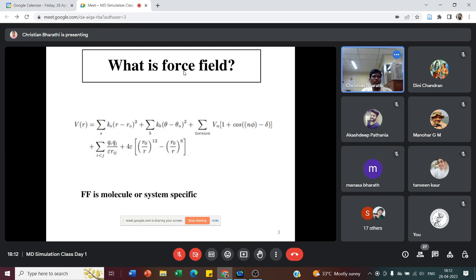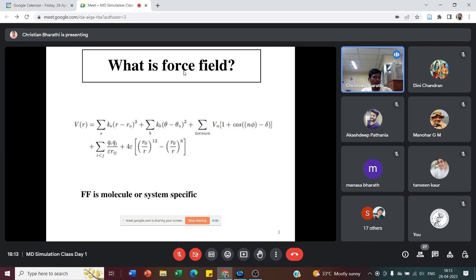After that, electrostatic and van der Waals energies are calculated using this force field formula. Here they are using a different coefficient for correcting each and every term.